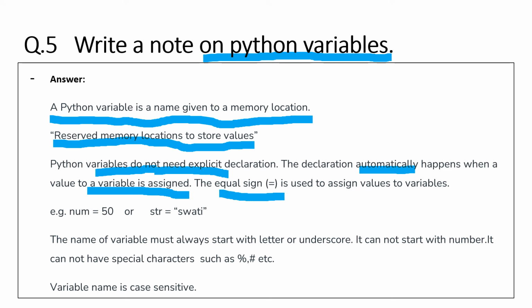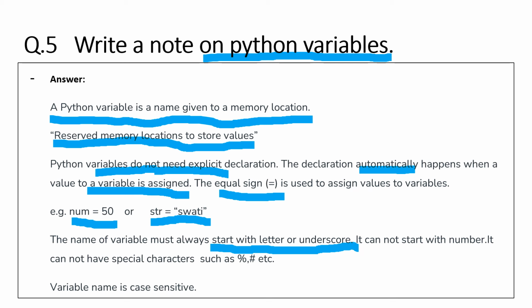The name of a variable must always start with a letter or underscore. These are the rules for how we can give the names of variables. The first rule is it should always start with a letter or underscore sign. The second rule is it cannot start with a number.